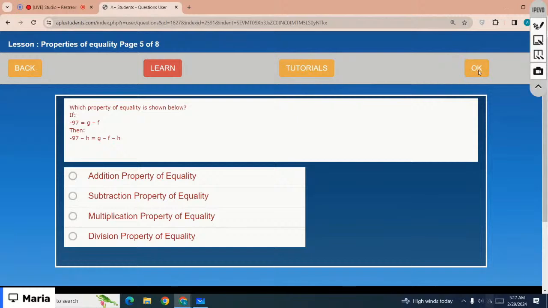Which property of equality is shown below? If negative 97 equals G minus F, yes, that is the subtraction property of equality.